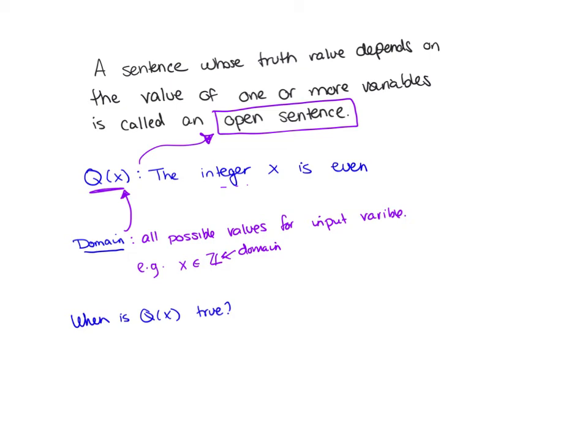Well, it's true for the set of x such that x is equal to 2n and n is an integer. So it's true when it is even, and then it's false for all x in Z where x is not equal to 2n. So it's false when it's not even.